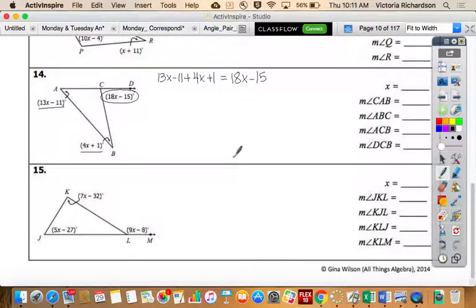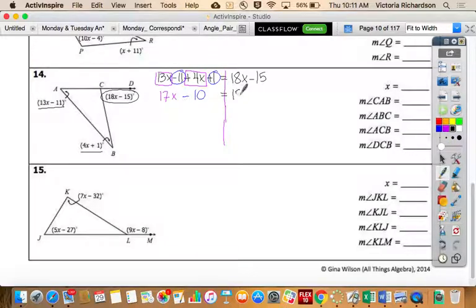Now I've got to combine my like terms, so draw the wall. I'm going to combine 13x plus 4x, which is 17x. And I'm going to combine negative 11, positive 1, which is negative 10.